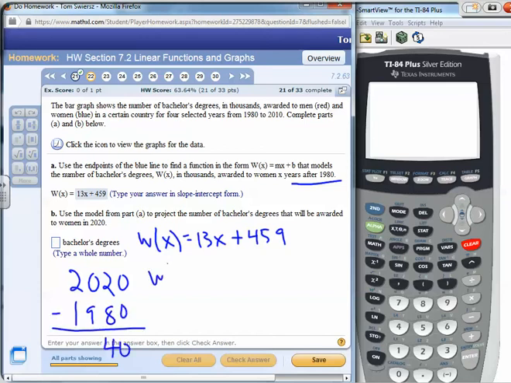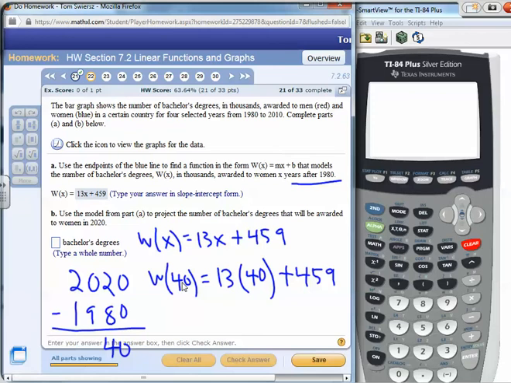So that means we're evaluating the function at 40. Wherever there's an x in 13x, we're going to put in 40 and then do 13 times 40 plus 459, and that will be the number of bachelor's degrees.